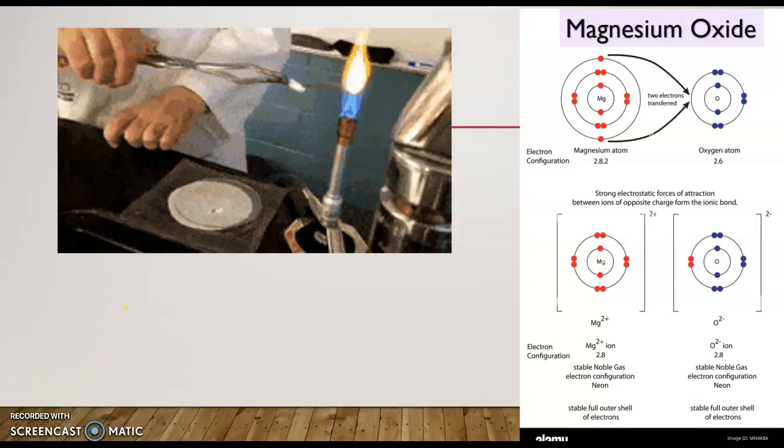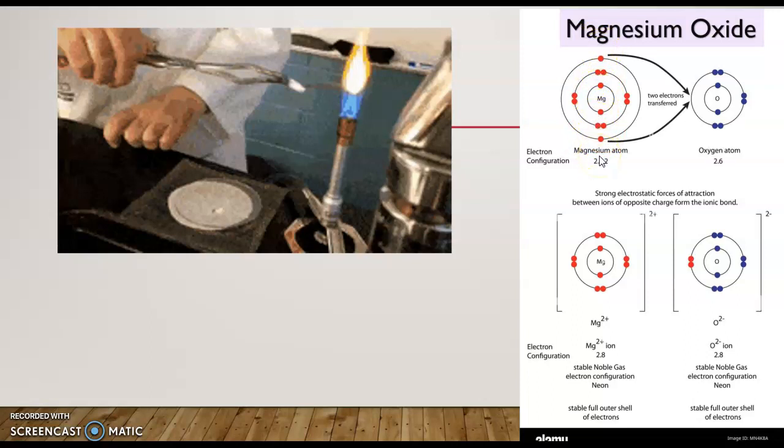So this is the formation of magnesium oxide, and it ignites with a white flame, and I will try to show it to you in another slide. But what is actually happening is what's here on the right of the slide: magnesium has two electrons in its outermost shell.